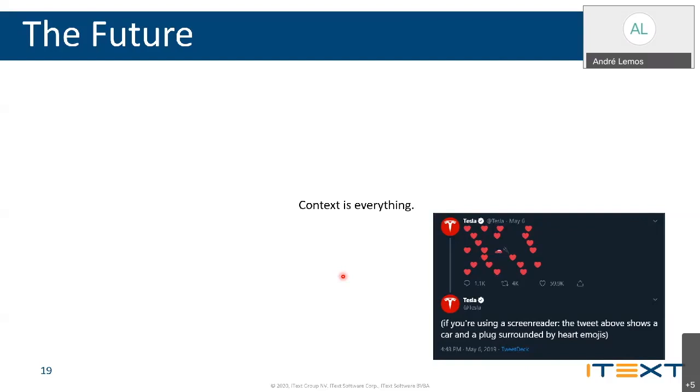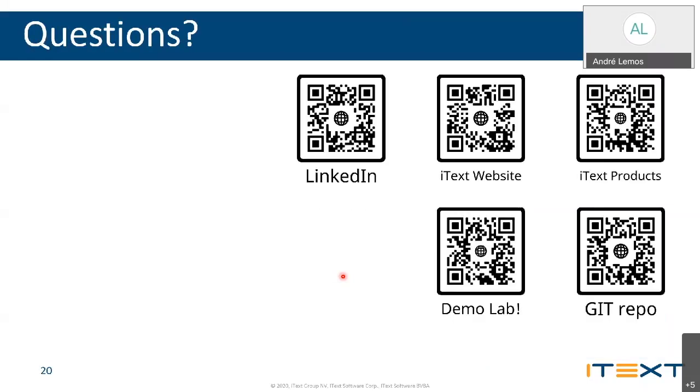I think that with these tools from Microsoft and other vendors, and of course with iText, with PDF in particular, we can do the 90%, but we're missing the rest. So yeah, I'm not sure if you have any questions.